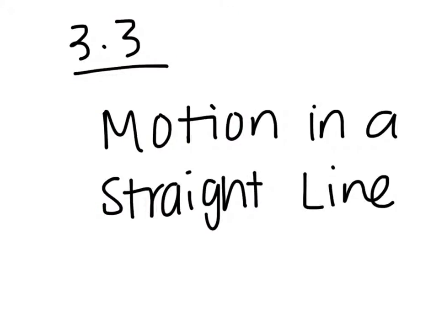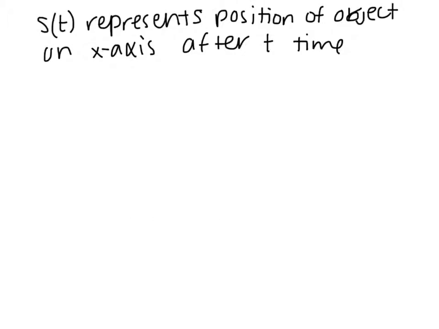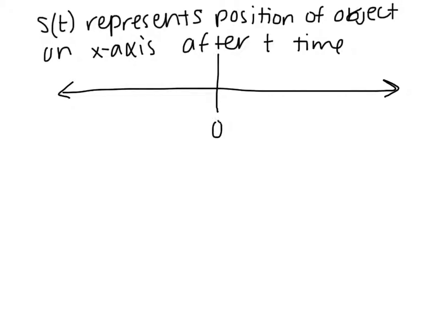Okay, so for 3.3, we're going to be talking about motion in a straight line. So typically with motion in a straight line, you'll find a function that represents the position of an object on an x-axis after time. So in this case, my function would be s of t, and t would be my time. And so if I kind of drew like a position time graph, at any time where t is greater than 0, where the position is greater than 0, so s of t is over here.